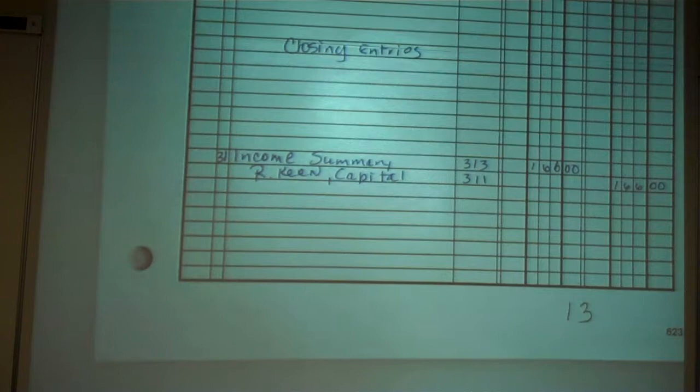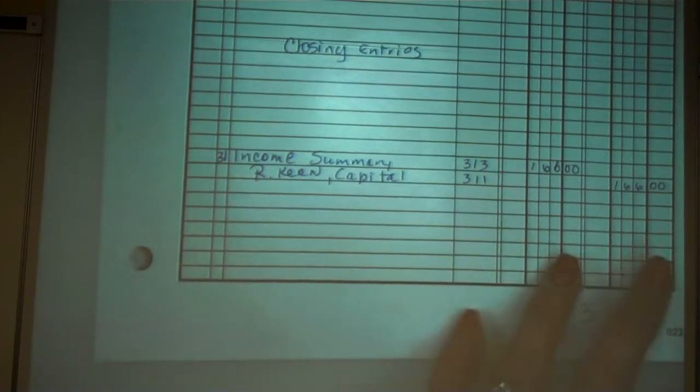Our fourth and our last closing entry is to close the withdrawal account. If you need to look in the ledger to see where the balance is for the withdrawal account, or look on the worksheet on page 183, the withdrawal has a normal balance on which side?